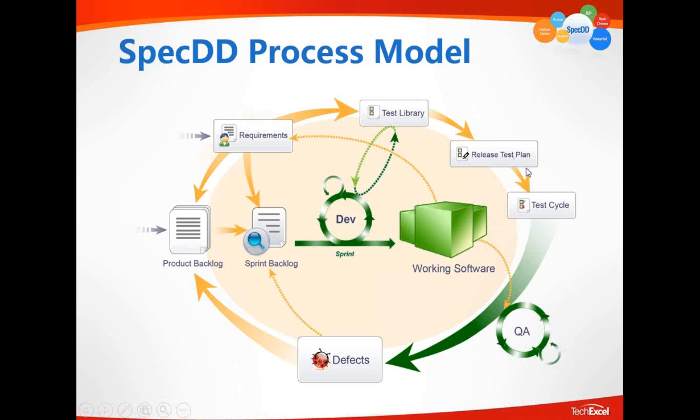And based on the testing plan, you can create multiple testing cycles and run them to make sure the working software gets tested on a daily basis against a set of testing tasks based on the testing standard defined.